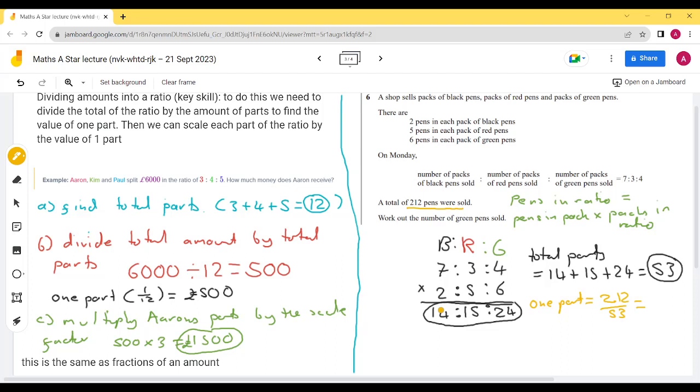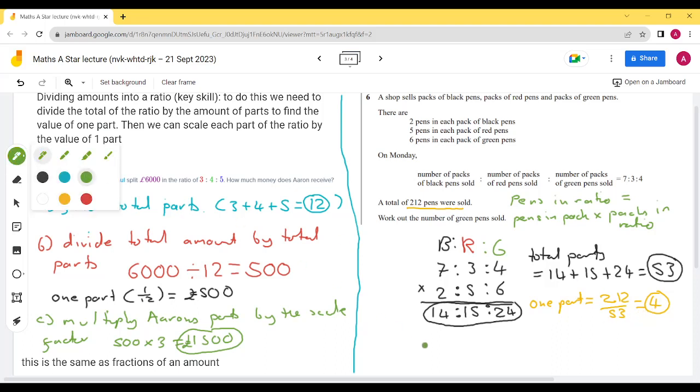But we've got 1 part equals 212 divided by 53. So as said, it's got to go nicely if you're in a non-calculator paper. They wouldn't be that horrible. And we know just as 5 times 4 is 20, 50 times 4 equals 200, 3 times 4 equals 12, which means 53 goes into 212 4 times. So we know now 1 part equals 4.